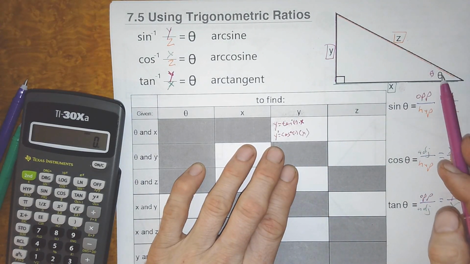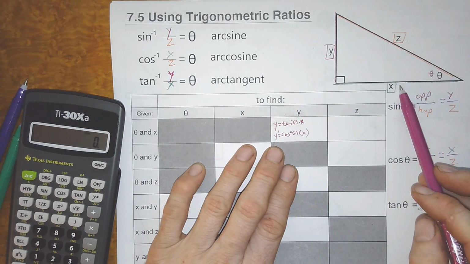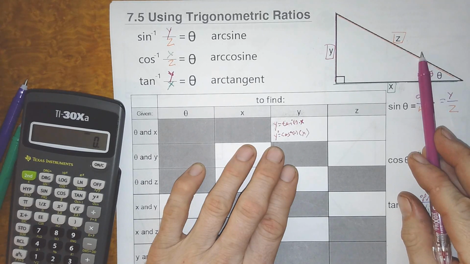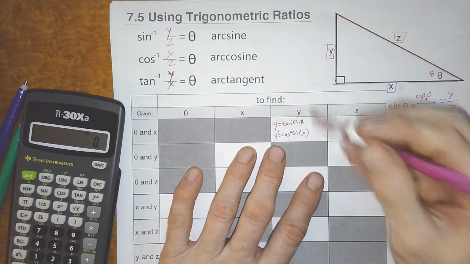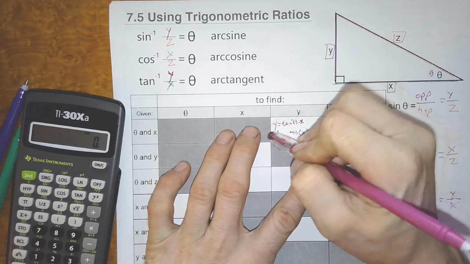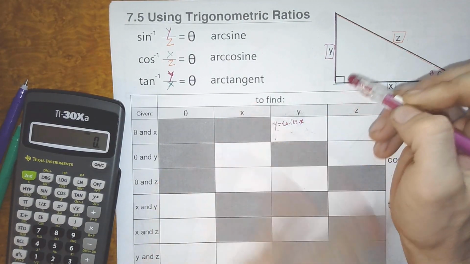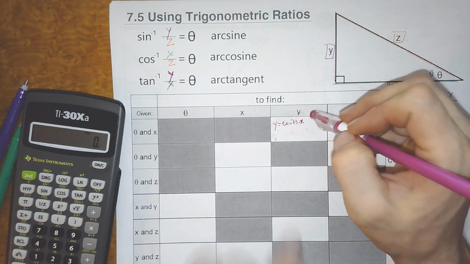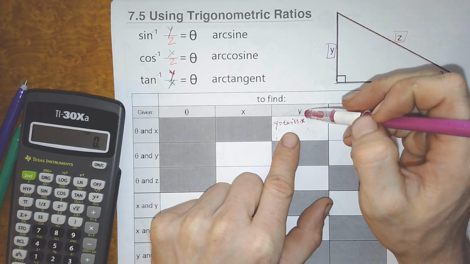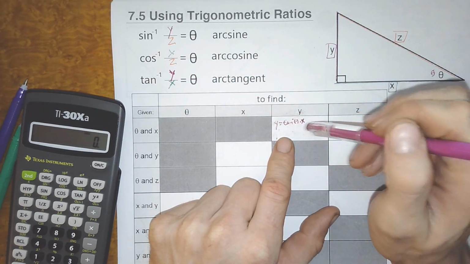Just because cosine is opposite over hypotenuse. Well, we don't have the hypotenuse, so that wouldn't work. All we have is x, trying to figure out y. The only thing that has x in it and y in it is tangent, so we'd work out that one.